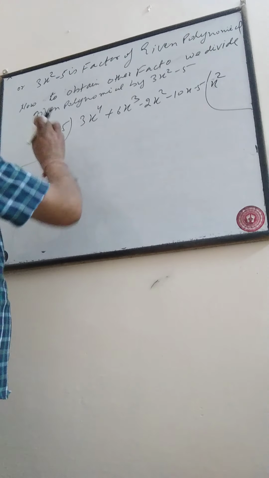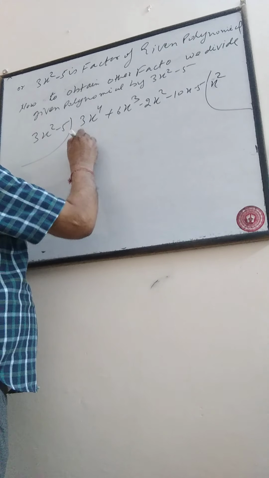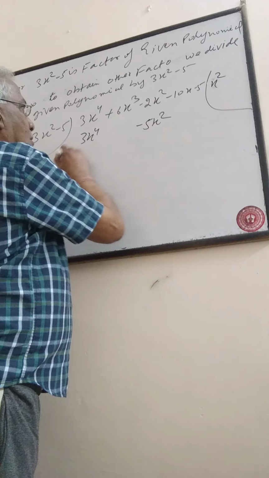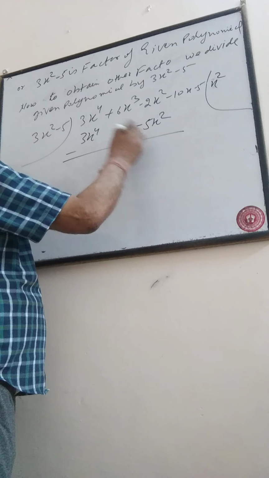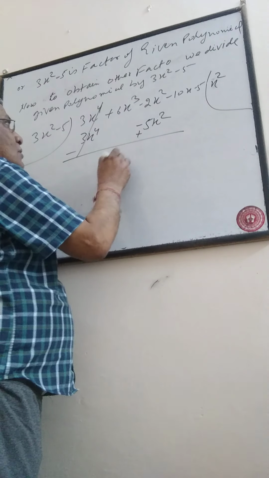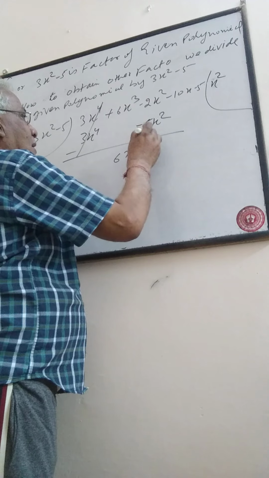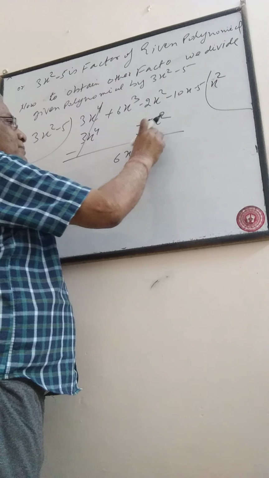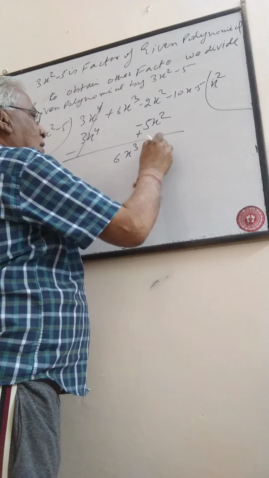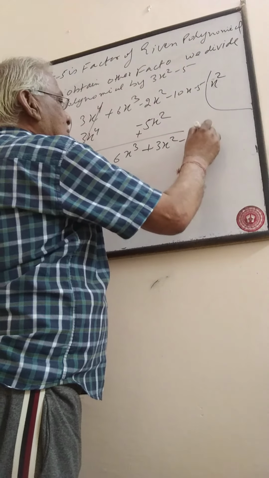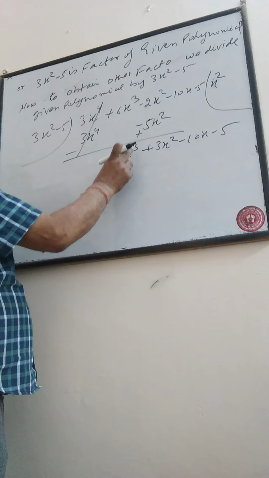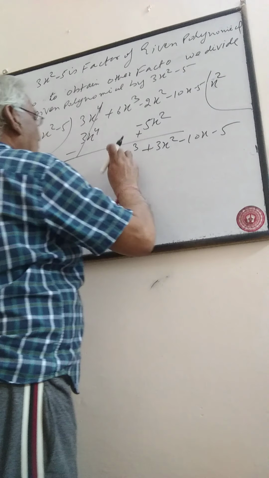Now you multiply these two, you will get 3x^4 minus 5x square. You subtract it, these two cancel, and now you have 6x cube plus, with the sign changed, plus 5 minus 2, 3x square, minus 10x minus 5. Now 3 twos are 6 and power 3 minus 2 is 1. Sign positive.